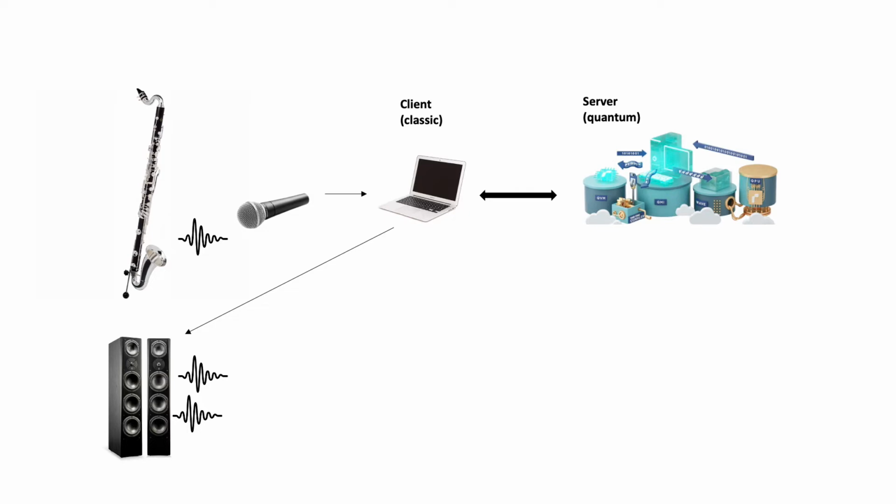The quantum machine then sends the results of the measurements back to the client. The client converts these results into musical responses, which are played through the loudspeakers. All this happens in real time during the performance.